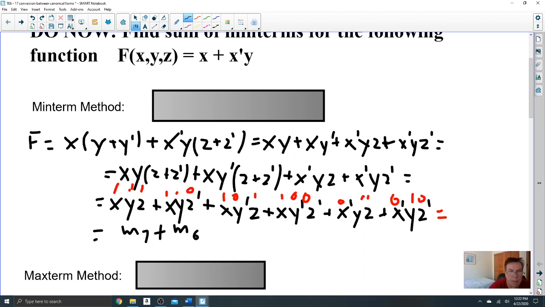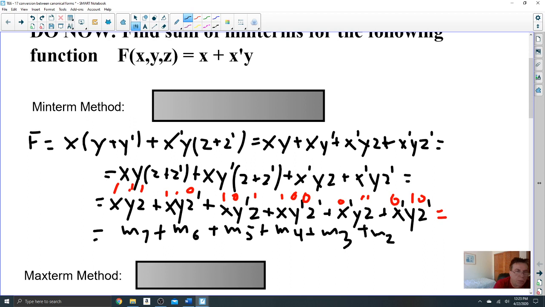You have to know your binaries. Plus x, y prime, z is 1, 0, 1, which is 5. Plus this one is m4. This looks like m3. And this looks like m2.